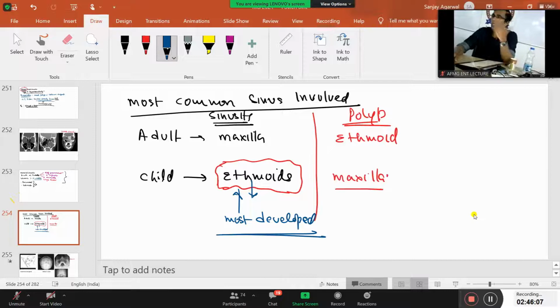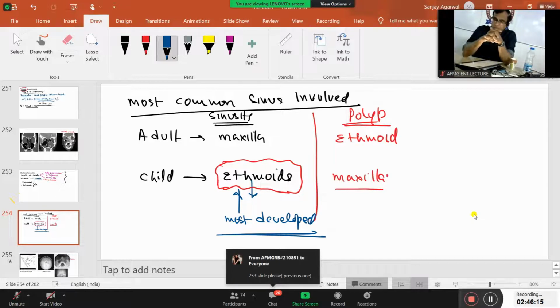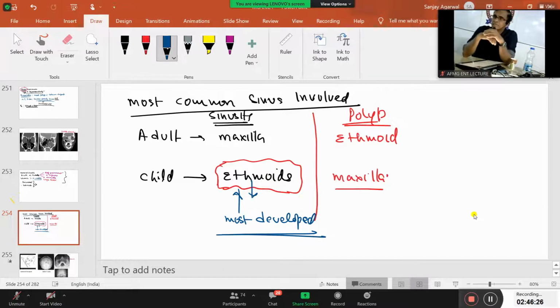And sinusitis is only possible if the sinus is developed with mucosal function. Otherwise, you cannot have sinusitis. But after about say 7-8 years of age, again the maxilla beats the ethmoid, and at the finishing line the maxilla reaches first. So maxilla is the first to complete development also, which is around 12 to 13 years of age.